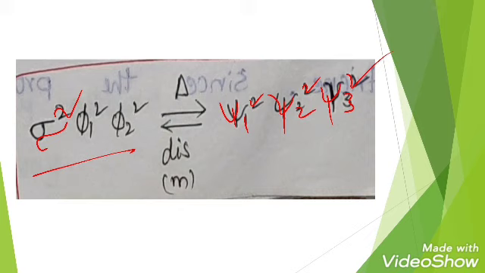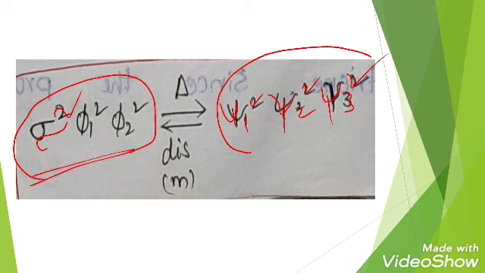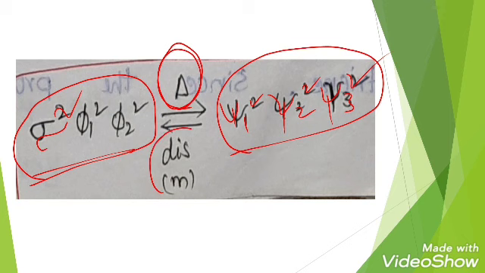So the cyclohexadiene ground state orbital configuration correlates with the hexatriene orbitals. So this is a thermally allowed, symmetry allowed reaction under disrotation.